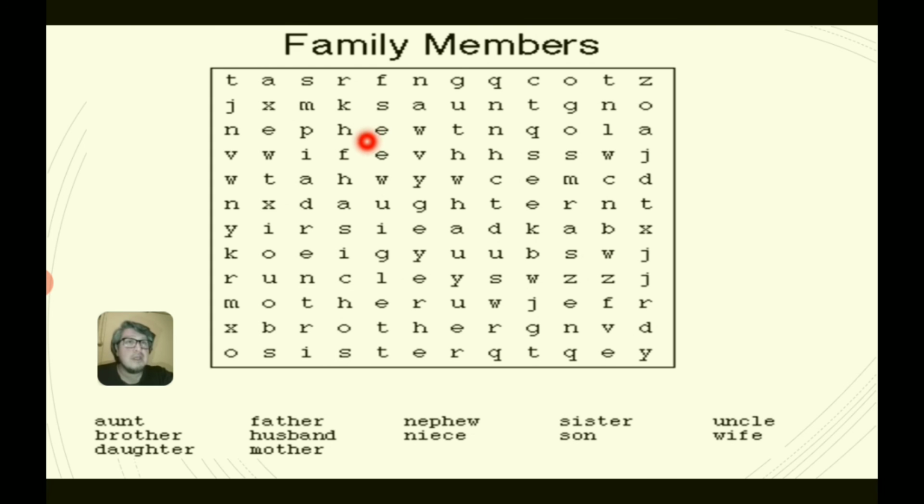Also we have wife here. Wife. Also we have here father. Father. Can you see it? Perfect.